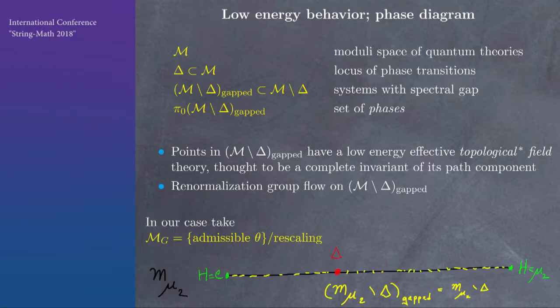So here's the picture for the classical case of mu2. This is plus and minus 1. There's one parameter, that's the beta we started with, which is a positive number. And there's one critical point. And so the complement of the critical points are these two intervals. And if we think of this parameter space, as I said, as the admissible functions on the group.